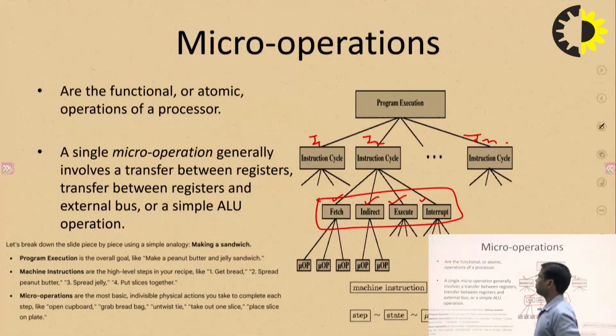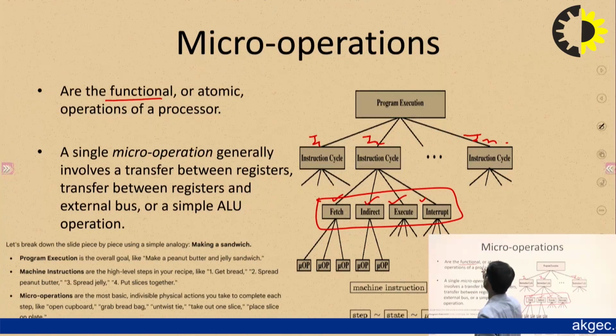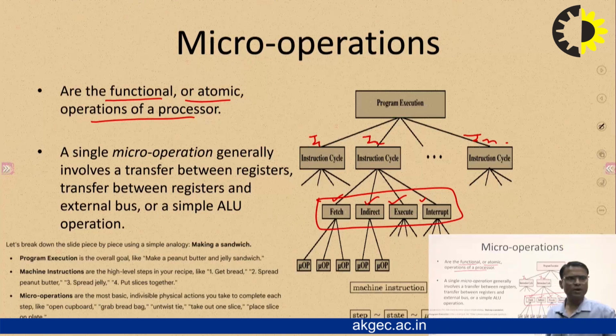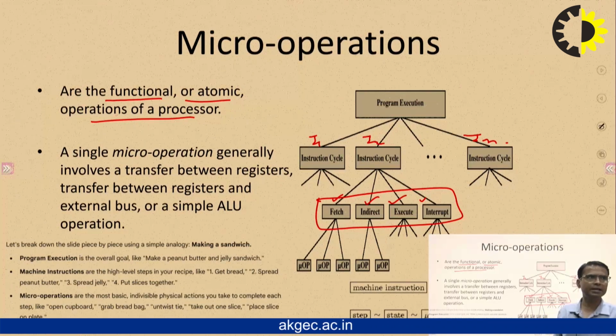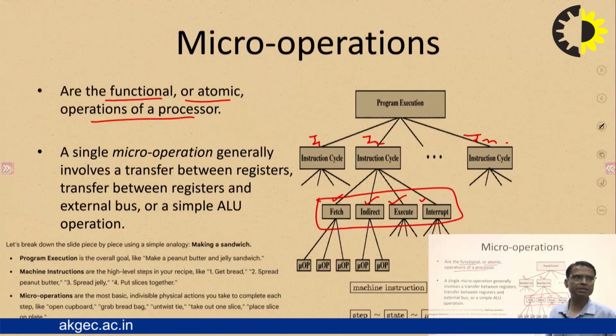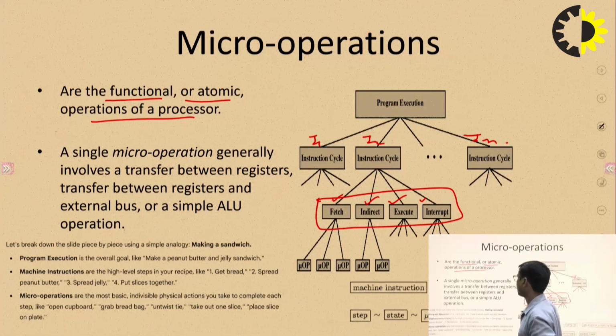So it is basically a functional part or atomic operation of a processor. That is what exactly functions within the CPU, called microoperation. So it is a functional step and the smallest step of a given computer machine.